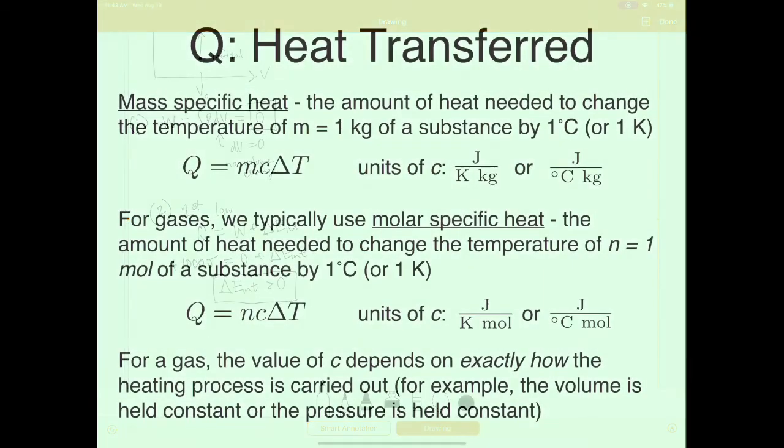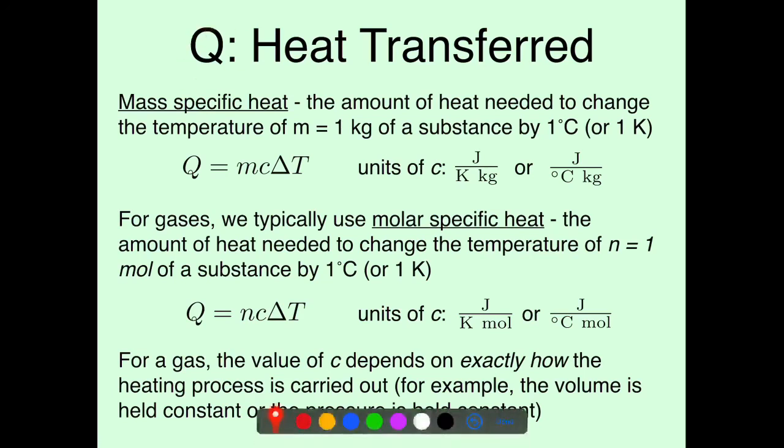So the next thing we'll do is take a closer look at the variable Q, which denotes the heat transferred to the gas. Now remember, Q is one of the variables in the first law of thermodynamics equation, so we do need to know a little bit more about how to deal with it. And we've already seen this in the previous lecture. We talked about mass-specific heat. That's the amount of heat needed to change the temperature of 1 kilogram of the substance by 1 degree Celsius, or 1 Kelvin.